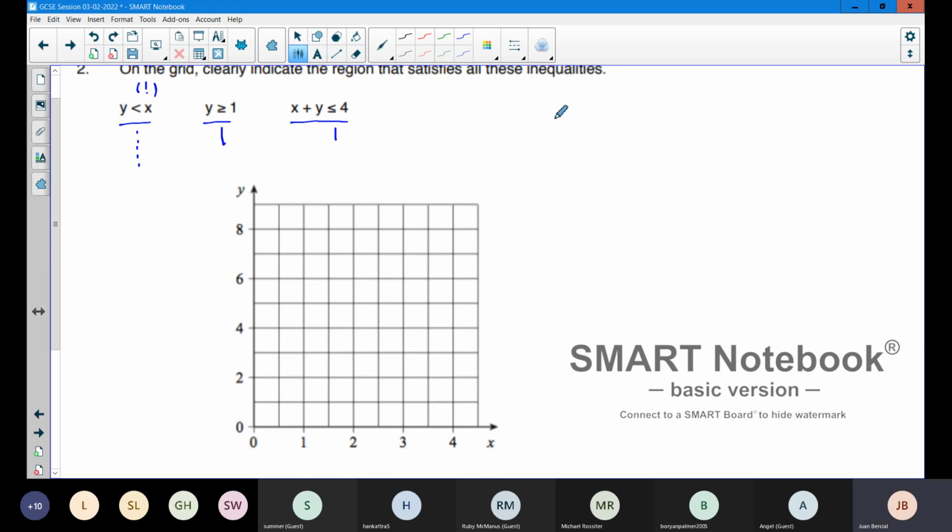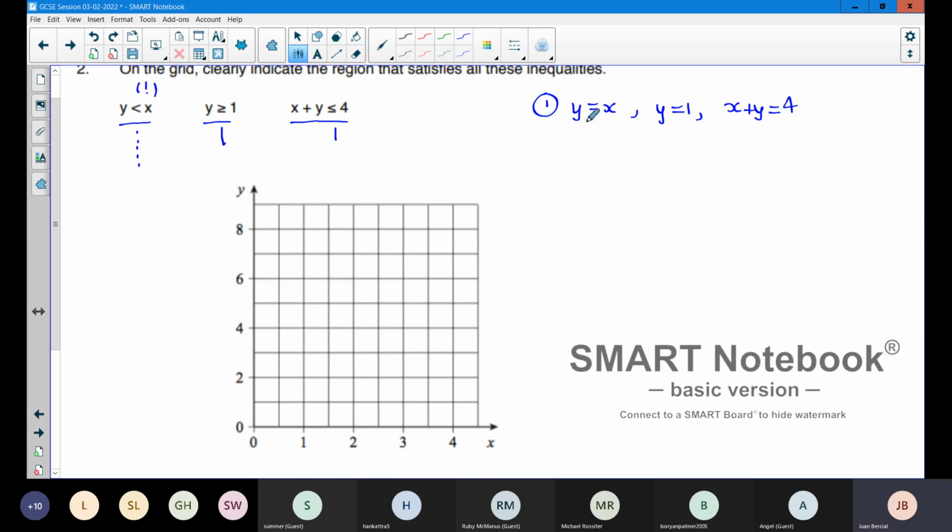So again, the boundaries are y equals x, y equals 1, x plus y equals 4. As per usual, we're going to sketch these lines, and then we will look at the region.